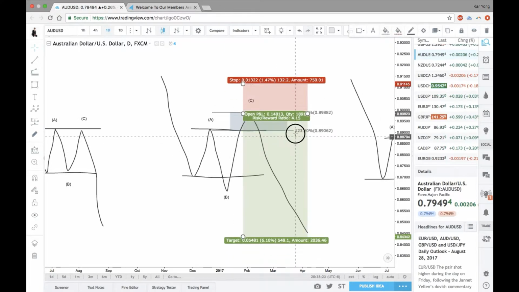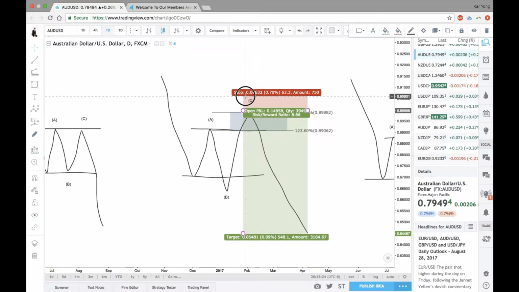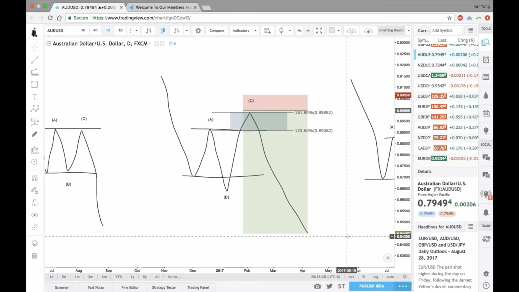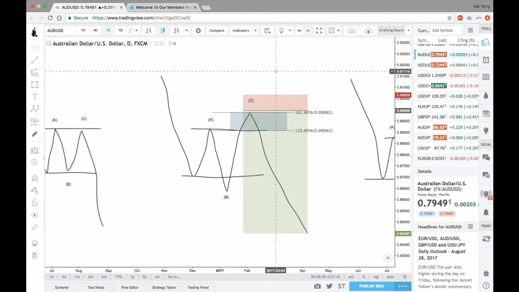If you put 1.618, your stop loss can be pretty tight, just slightly above it, and then you can expect that down move to come if it's going to give you an expanded flat. Later, I'll share with you more tips on how to identify the high chance it's going to be an expanded flat. So this is a quick ratio to share with you. Expanded flat, the C move is 123.6 to 1.618.